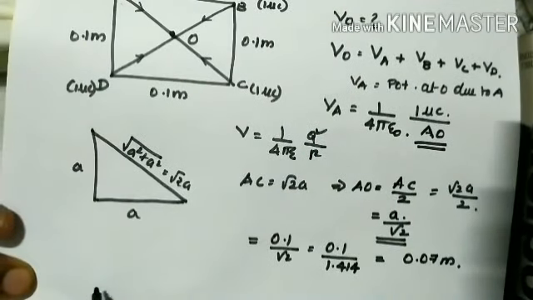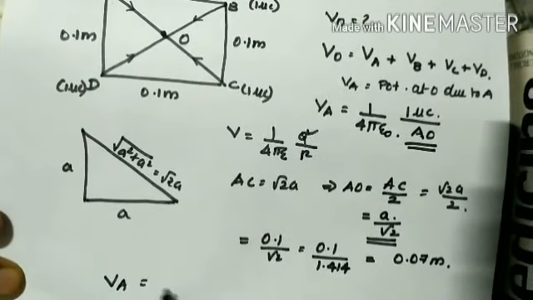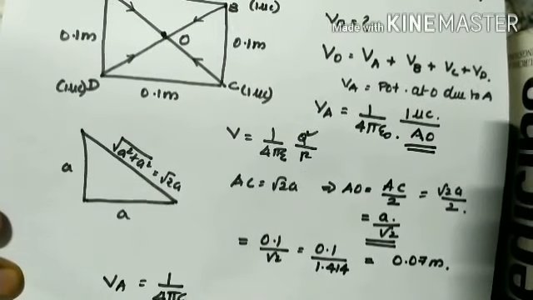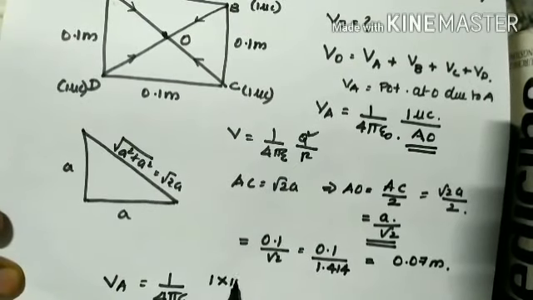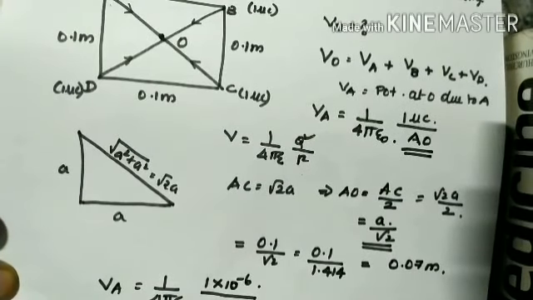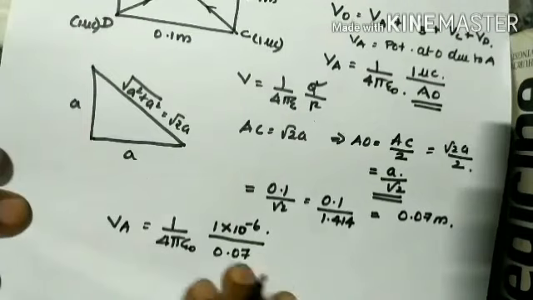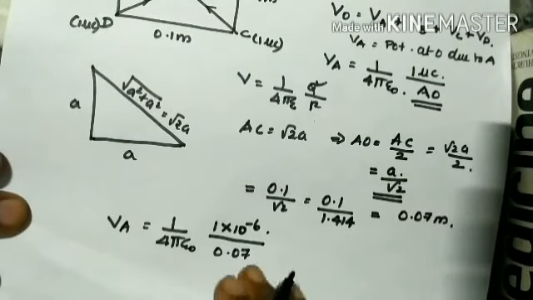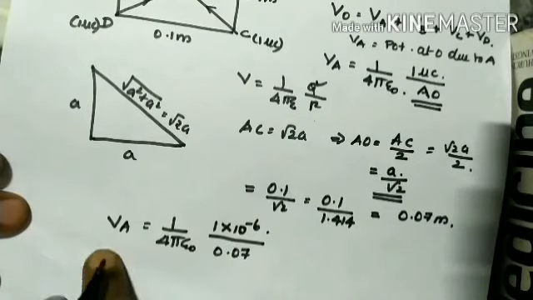So what will be VA? 1 by 4 pi epsilon naught, 1 microcoulomb is 1 into 10 to the power minus 6, divided by OA, which is 0.07 meter. It is good that you are given meters. Sometimes it is given in centimeters, and you have to convert it. Now VA is this much.